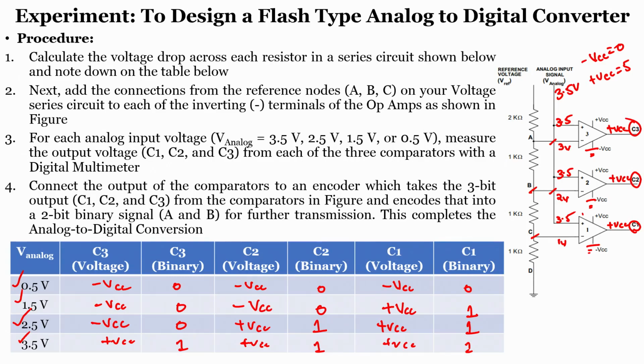So if I write a table, for C3, C2, C1: for an input voltage of 0.5 volts, I got 0, 0, 0, right, and for 1.5 volts I got 1, 0, 0, whereas for 2.5 volts 1, 1, 0, whereas for 3.5 volts 1, 1, 1.